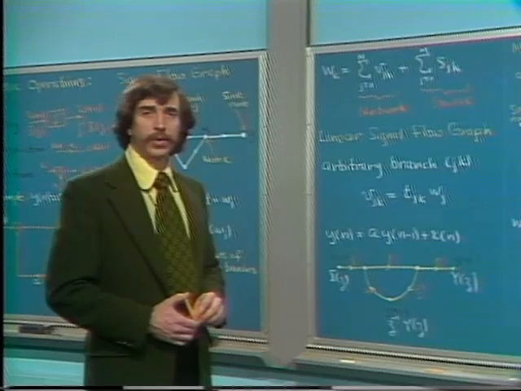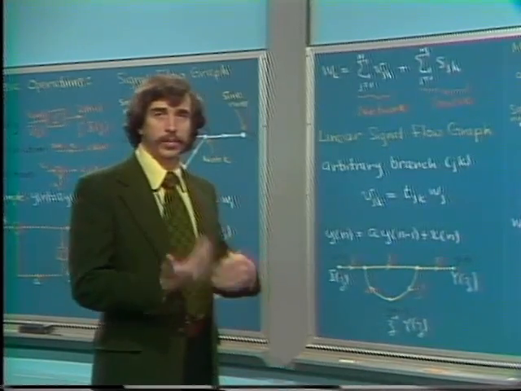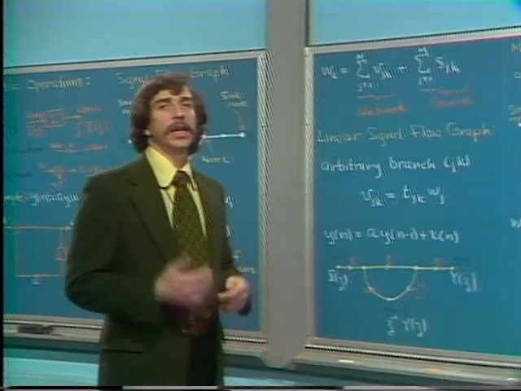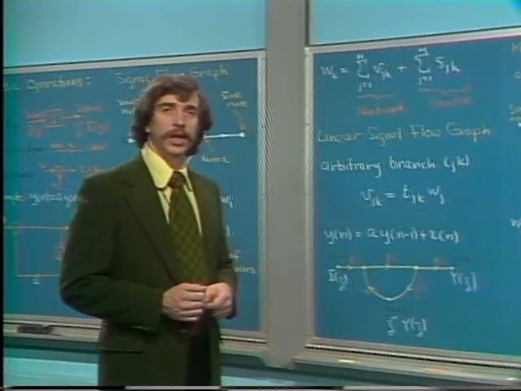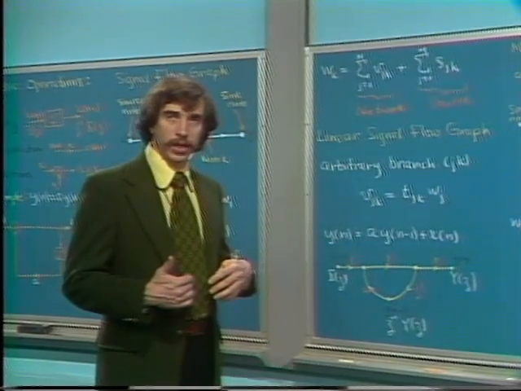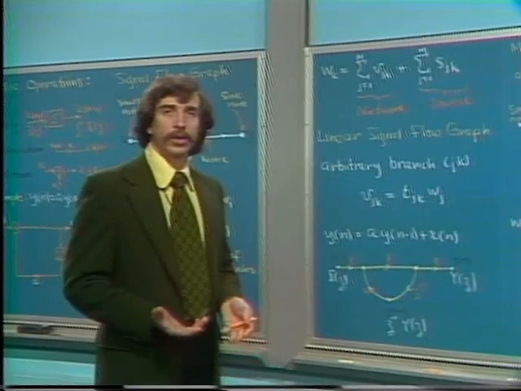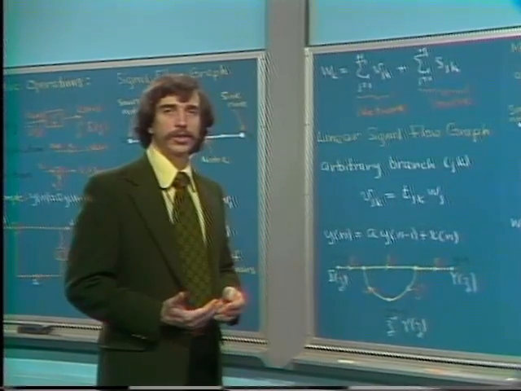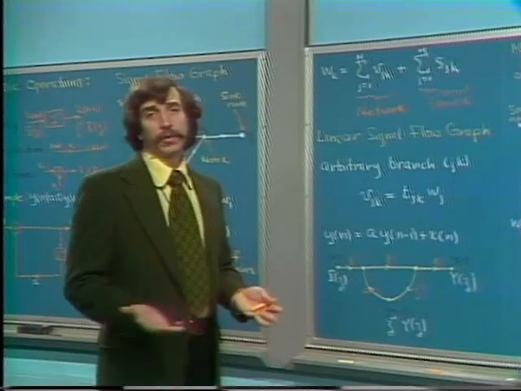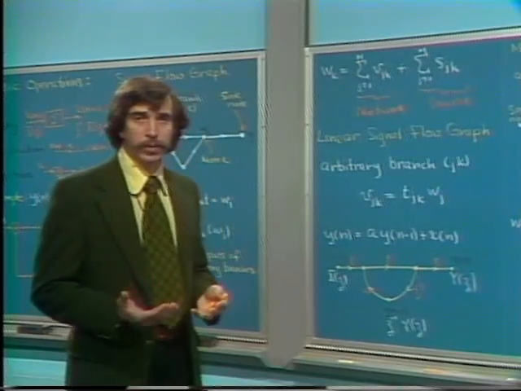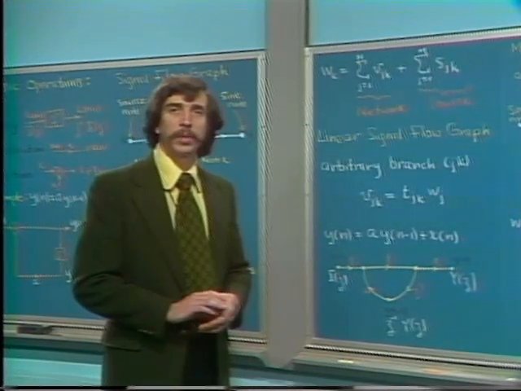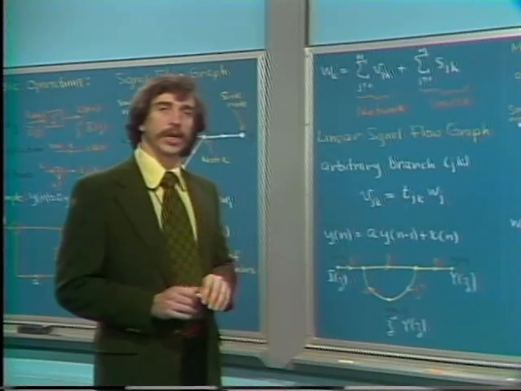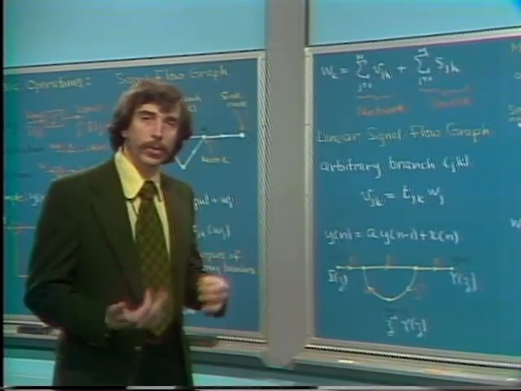One is, of course, that, as I've just stressed, it's important for the actual implementation of the digital network. It's also important in the sense that lots of properties of digital networks fall out from the properties of matrices. We won't, in fact, in this set of lectures be exploiting that particularly, but it is one of the reasons why the matrix representation of digital networks is also important to be aware of.